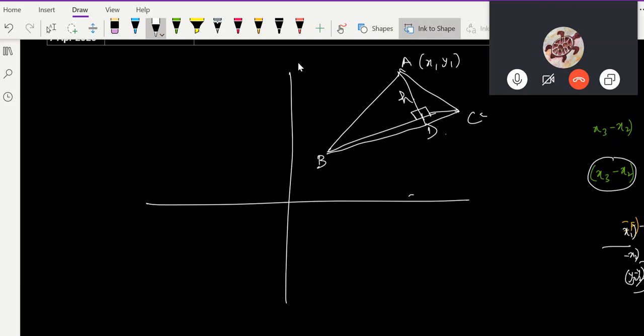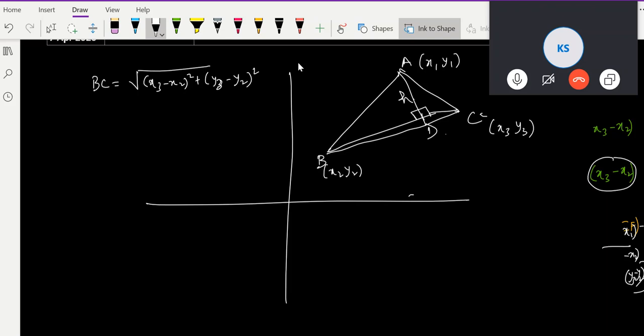Now, x1, y1, x2, y2, x3, y3, right? Yes, sir. So I know BC. It is the square root of x3 minus x2 squared plus y3 minus y2 squared. So this is known.